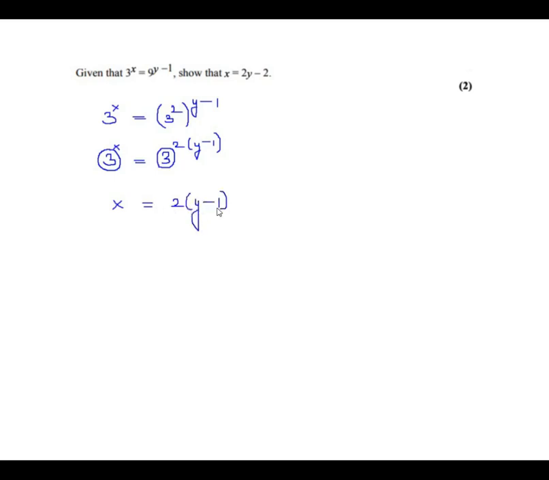So we can further distribute this bracket and write it as 2y, and 2 times minus 1 is minus 2. So we have got the answer and we have shown that x is equal to 2y minus 2. So this is how you solve these examples. Since they are asked for 2 marks, you can write 4 steps to solve the example.